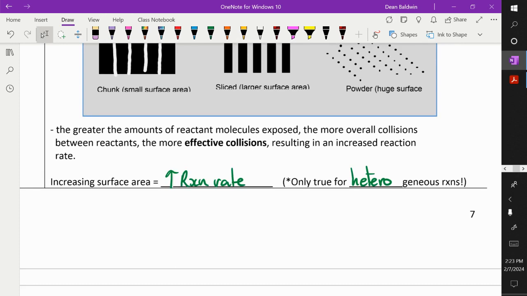So what this is, if you have zinc and zinc chloride, aqueous, this is heterogeneous because you have a solid and an aqueous solution.